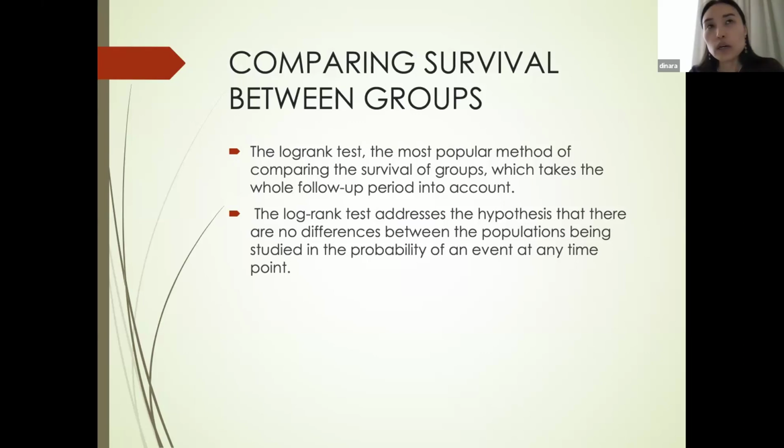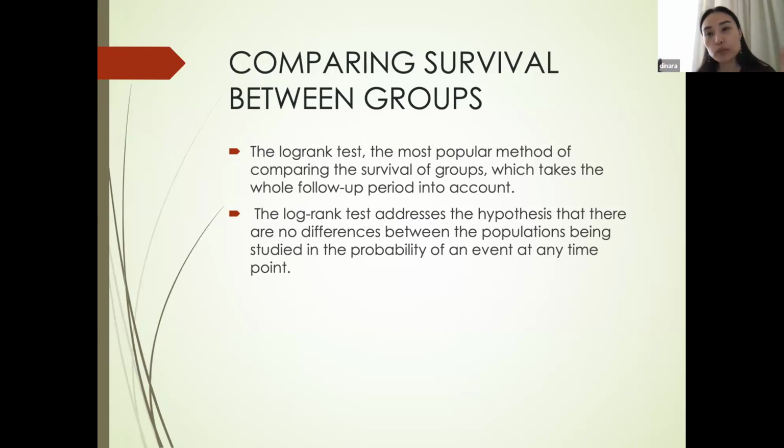We can also compare survival probabilities between different groups. To do that, we can use the Kaplan-Meier table at a specific time point and see whether at this time point it's different between two groups. But this is not very convenient because we're not taking into account the whole follow-up period. For that, we use the log-rank test.